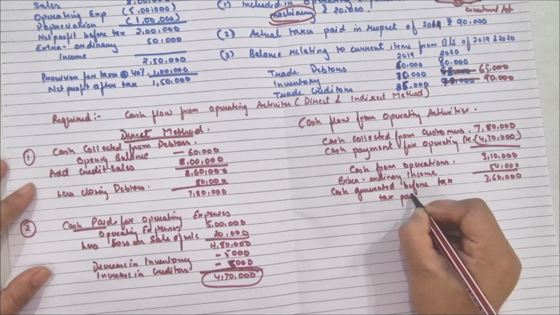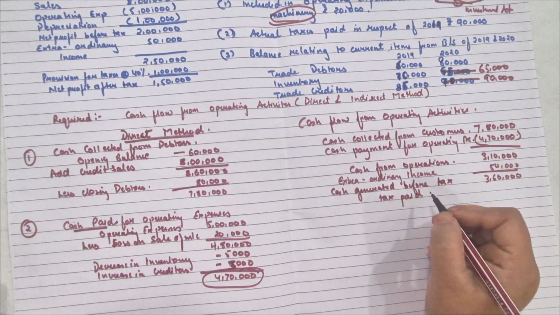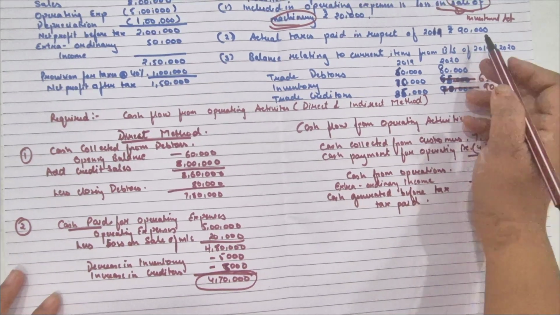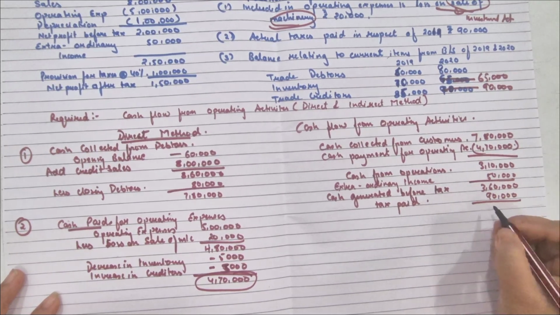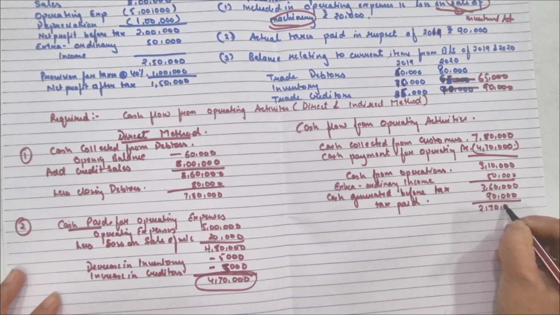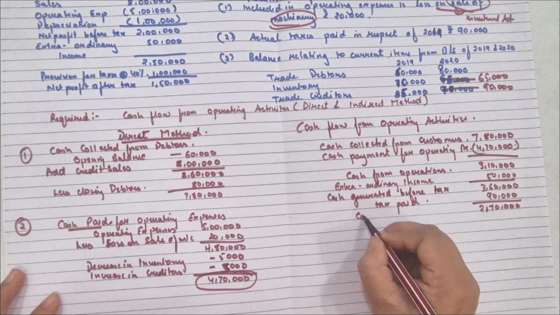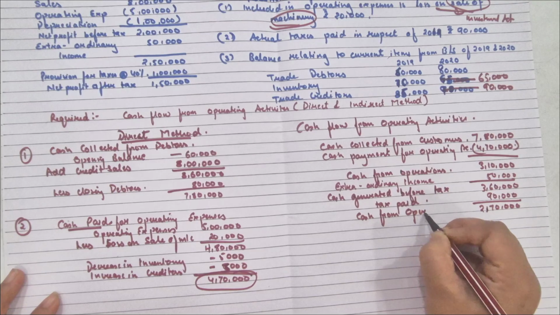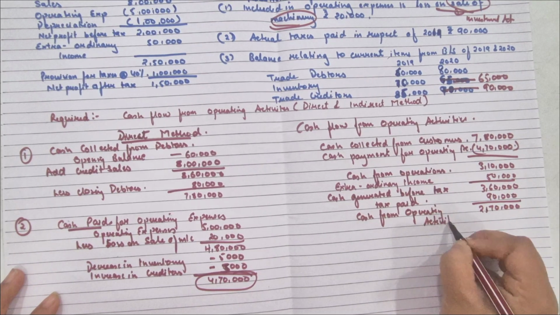Now what we will do? Tax paid. Tax paid is how much, student? Our tax paid during the year is 90,000. So this would be 2,70,000, the final cash flow from operating activity.